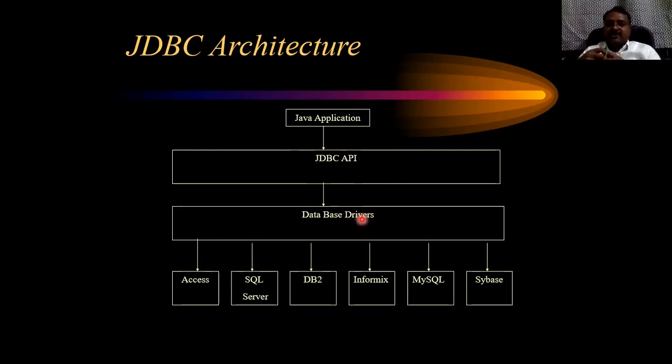And with the help of those drivers, we are going to interact with the different databases which are available on your computer. We can have databases like MS Access, SQL Server, DB2, Informix, MySQL, Sybase, etc. And every database will have its own driver associated with it. And unless we use the driver, I cannot interact with that database.